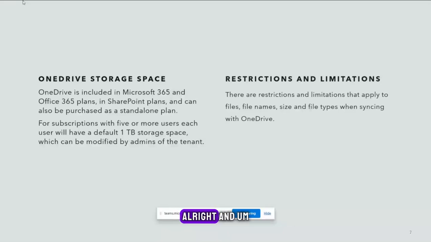All right. And there are restrictions and limitations. I'm going to drop a link for this. We're not going to dive deep into that because of time. So there are restrictions and limitations that apply to OneDrive files, the file names. Sometimes you might want to save a file and it's not saving.